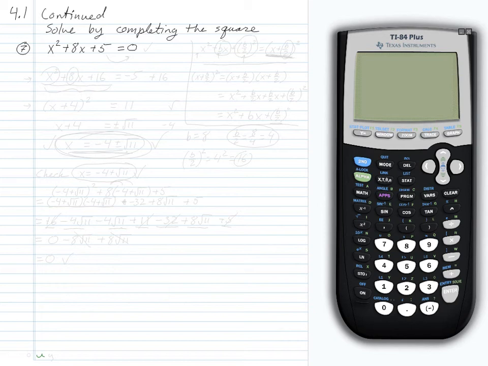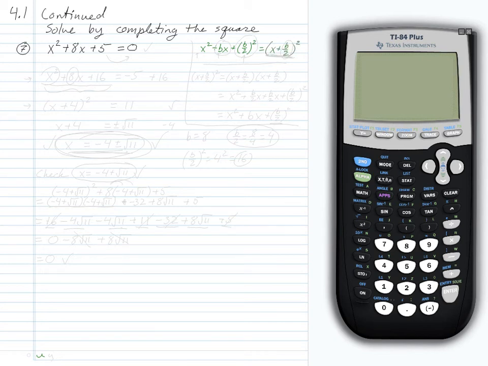Now, our third technique for solving a quadratic equation is called completing the square. And this relies on the nice property described on page 51, which says that if you have a quadratic of the form x squared plus bx plus the constant term (b over 2) squared, this will factor as (x plus b over 2) squared.